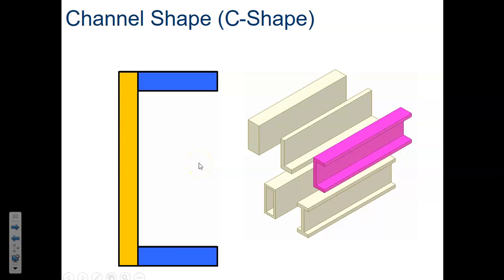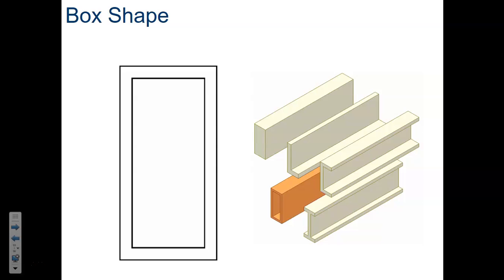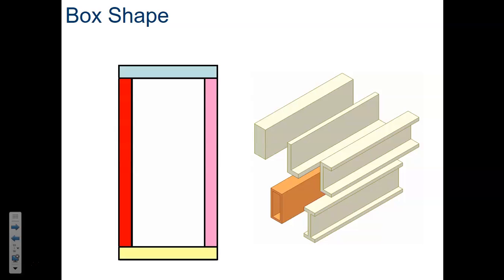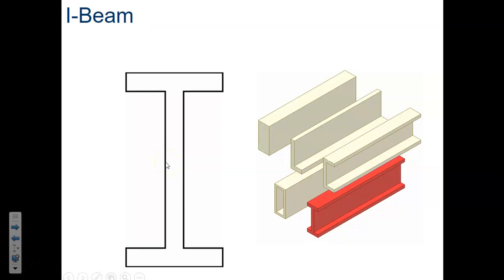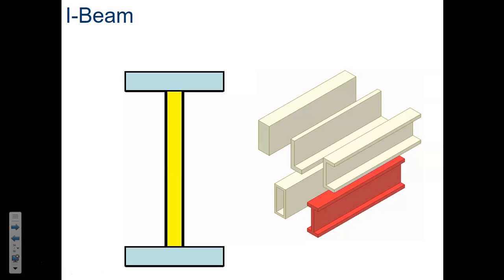There's a couple of different ways we could add these up and we'd all get the same answer. Box beam, we can add up these shapes and get that, or add up those, etc. And then the I beam we've already looked at, so we can use these shapes.